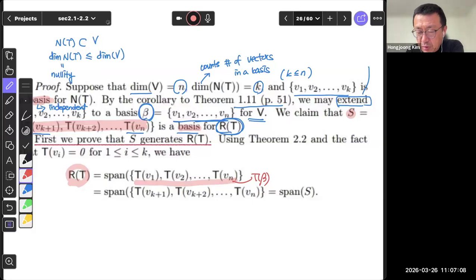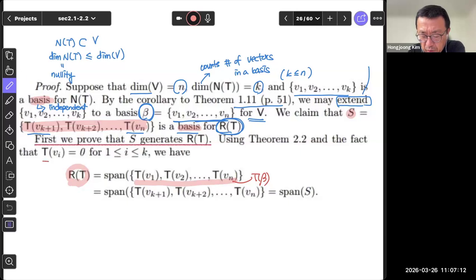So, given this T of beta, T of v1 up to T of vk will be all zeros, right? And they do not contribute anything but 0. So when I consider the span, the contribution from T of v1 up to T of vk can be neglected. So I can discard those k vectors, right?